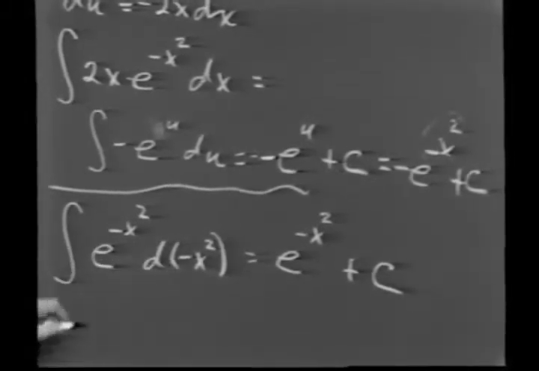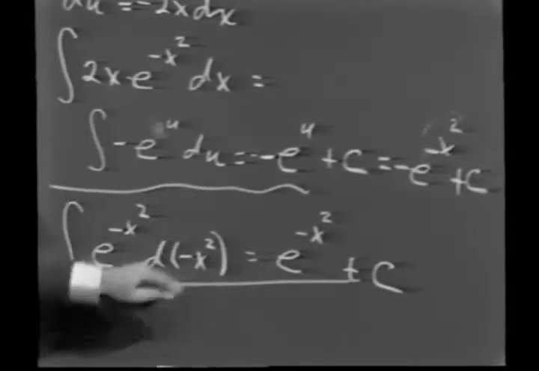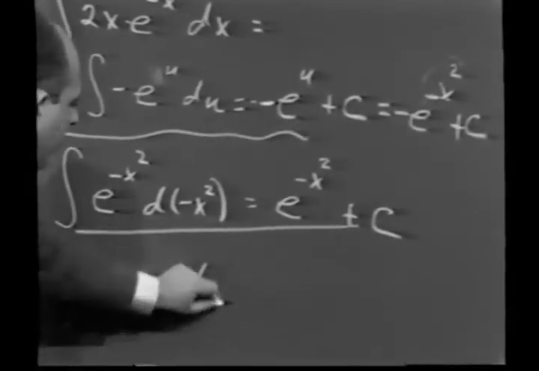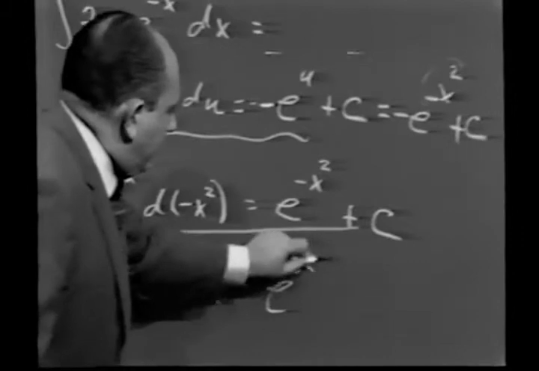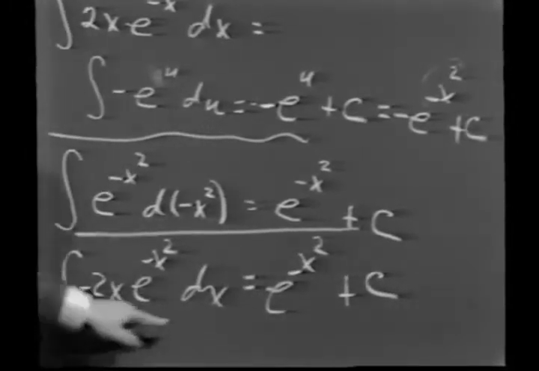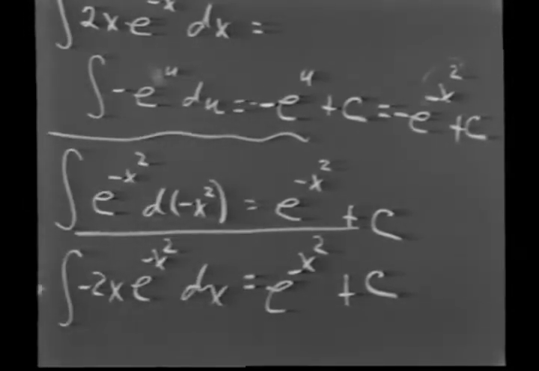And now, in the next step, since this is a true statement, the differential of minus x squared is minus 2x dx. Factoring out the minus sign and multiplying through by minus 1, we arrive at the same result that we wound up with before.